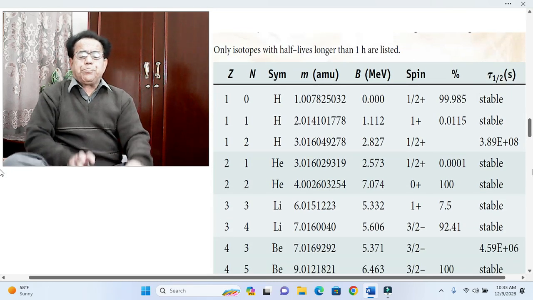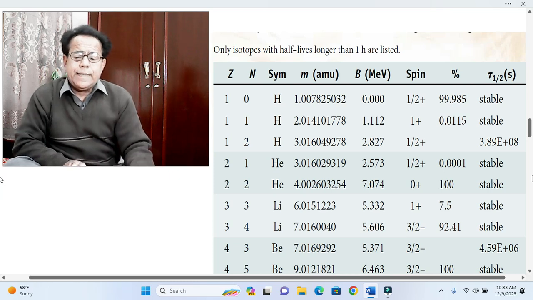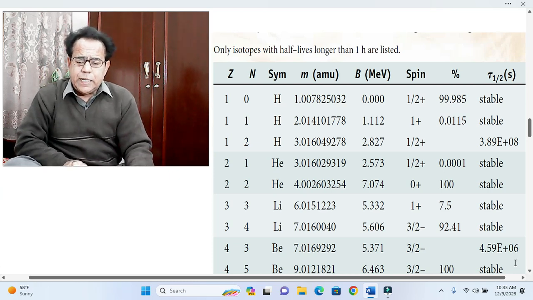Dear students, in the next snapshot, an alternate approach has been applied and another table has been shown to make this concept clear.